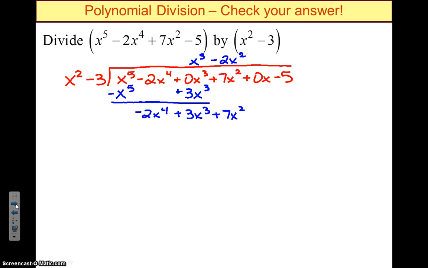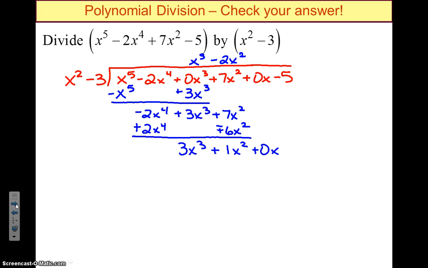And so now if I multiply, I get negative 2x to the fourth, and negative 2x squared times negative 3 would be a positive 6x squared. I subtract both of these, changing the sign, so this turns into a plus. Here we're going to have a minus, and we have 3x cubed plus 1x squared, and I'll bring down the plus 0x.